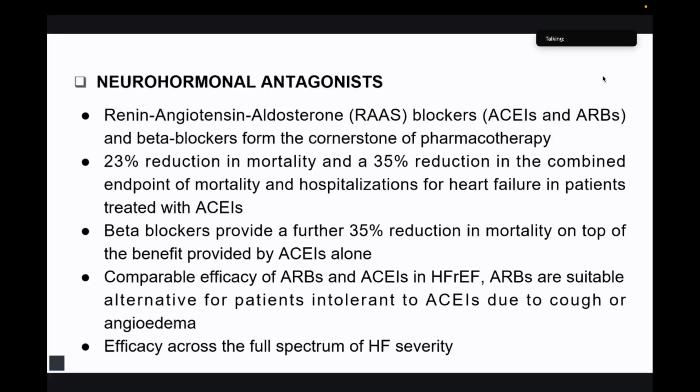Hence, ARBs are a suitable alternative for patients who cannot tolerate your ACE inhibitors due to cough or the presence of angioedema. The efficacy of your neurohormonal antagonists is seen across the full spectrum of heart failure severity.